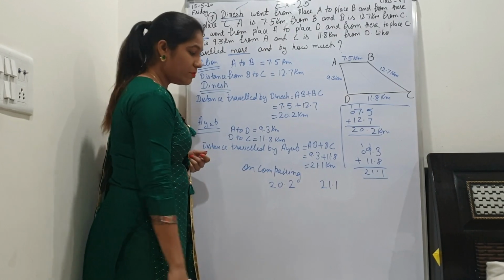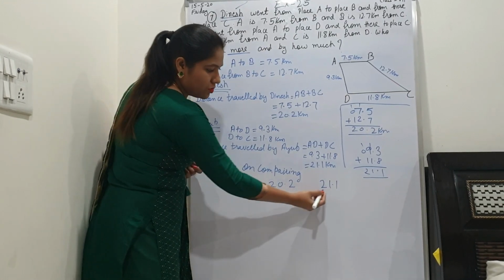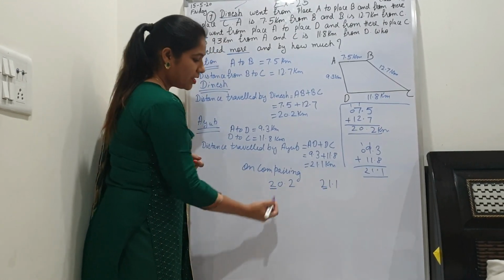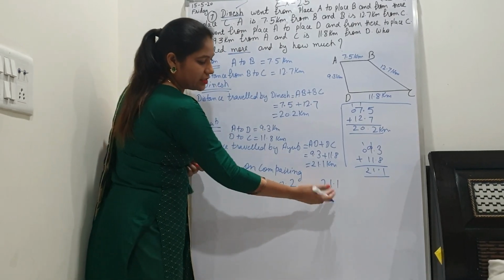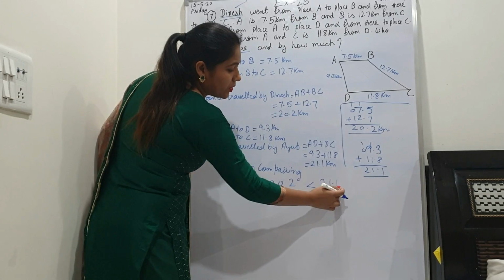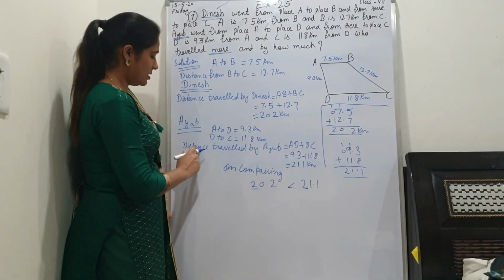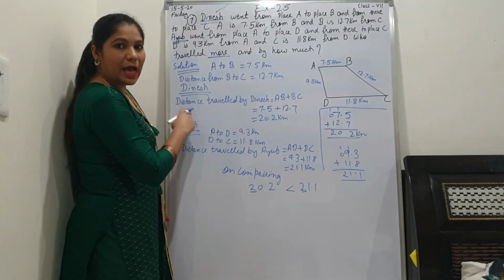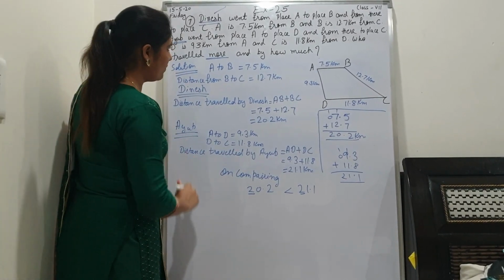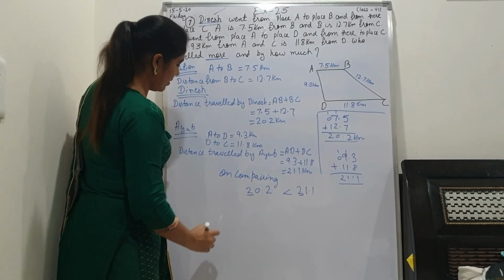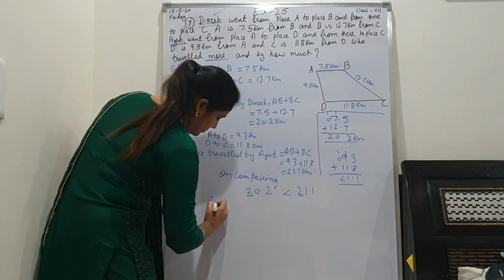We will see from the left side. Here is 2, 2. Both are same. Here is 0, here is 1. Which one is greater, 0 or 1? That is 1. So it means 21.1 is greater. So distance travelled by Ayub is more than Dinesh. So we will write Ayub covered more distance.